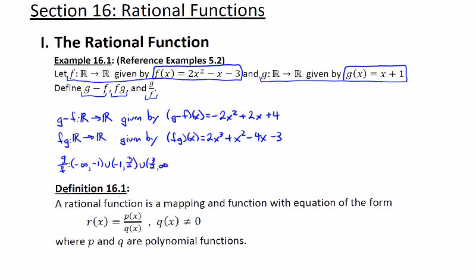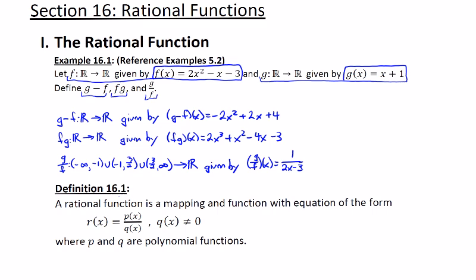And that results in three intervals unioned together to represent our domain. And the domain, by definition, always has to map to real numbers, given by the equation g divided by f of x is equal to 1 over 2x minus 3.